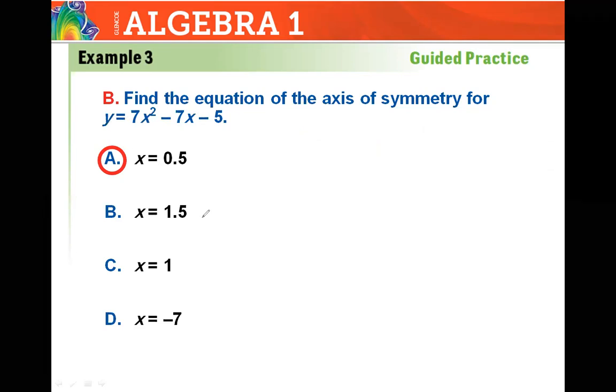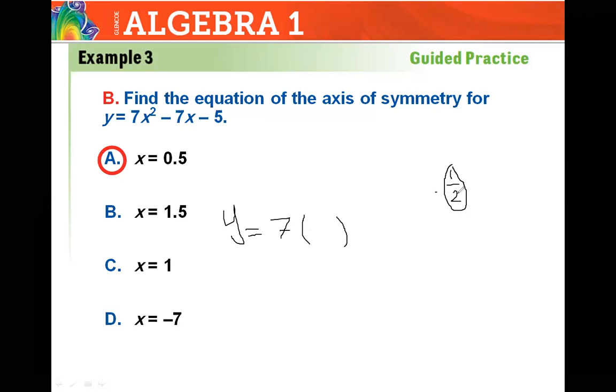I substitute here. So y equals 7 times x squared. Instead of x, I write the value of x, which we get as a number: half.